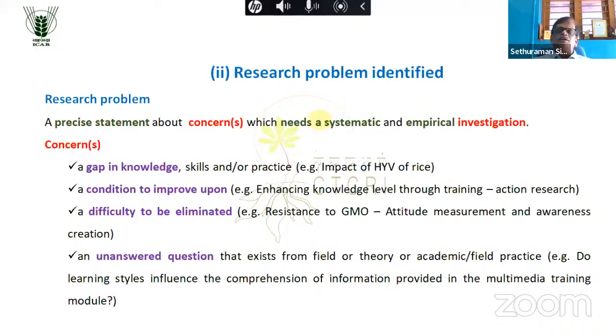Then that means the farmers have a negative attitude towards your technologies. Or sometimes they will say that our culture does not permit this. One example: traditionally every religion has some kind of food restrictions. You cannot promote a technology that is not consistent with their religion.